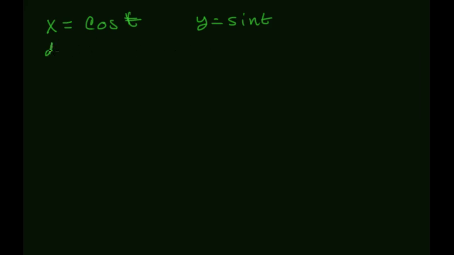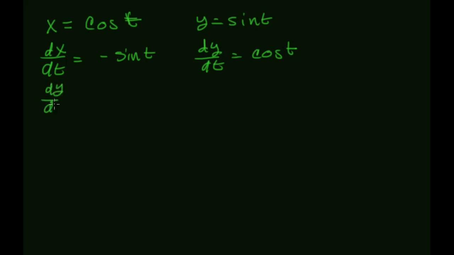All right, so dx/dt is negative sine t, right? Dy/dt is cosine t, which means that dy/dx is cosine t over negative sine t, which means it is the negative cotangent of t.